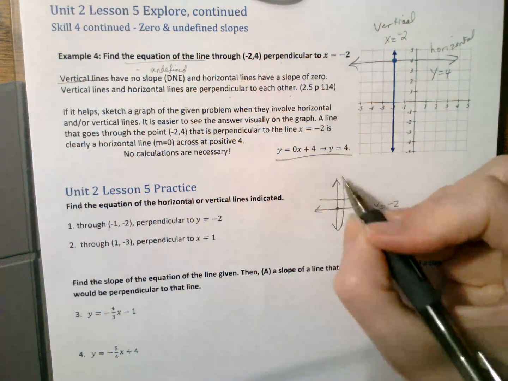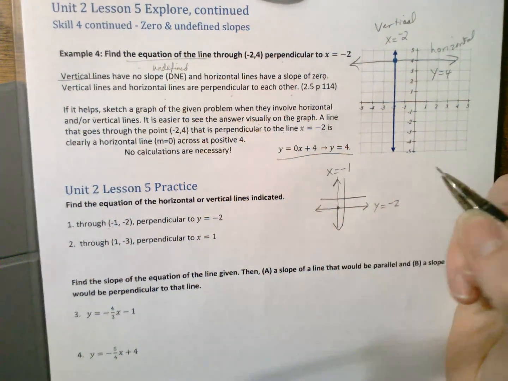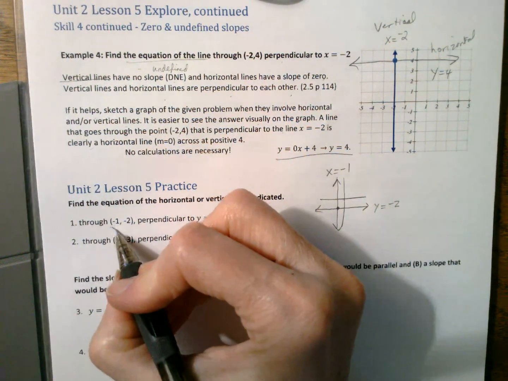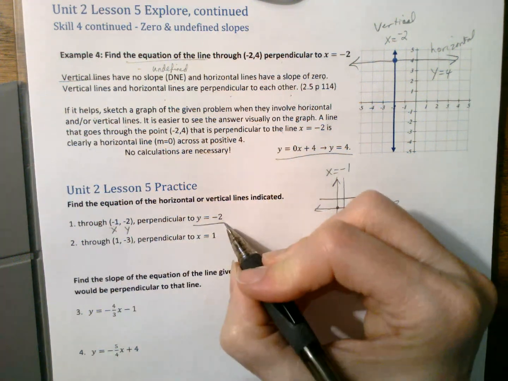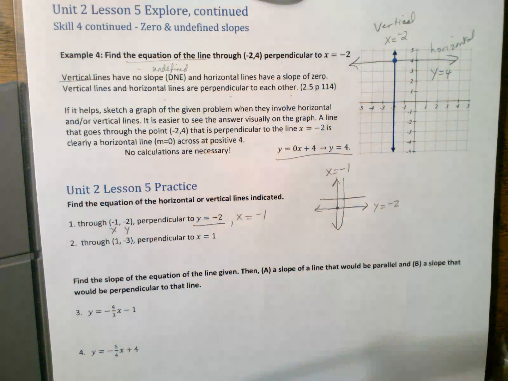And because it's a vertical line, it would start with an x equals. In this case, it would be x equals -1. You can think about it that way, or you can think about the fact this is your x and this is your y. So your y equals -2 and your x equals -1. And those are the equation of the line, okay?